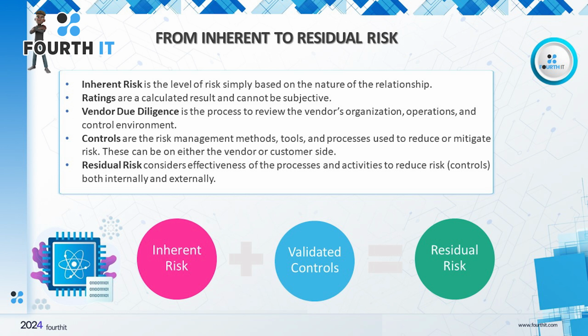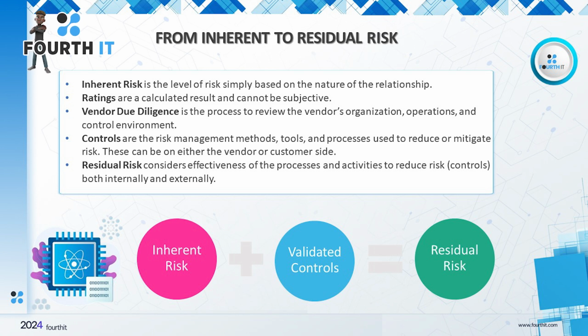Now, ratings. These are the calculated results and cannot be subjective. We say that in the sense that it needs to be based on evidence, so it needs to be based on the inherent risk questionnaires that we sent out and the responses that you had. Then we have vendor due diligence.